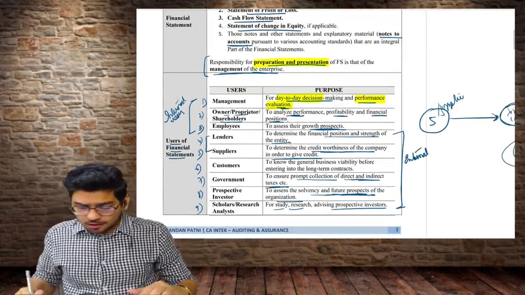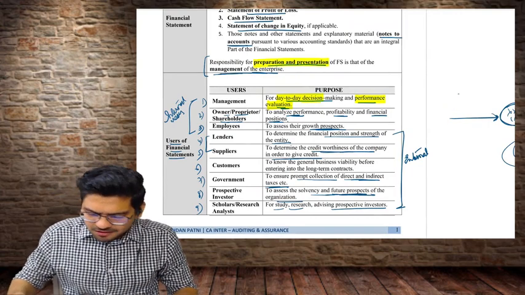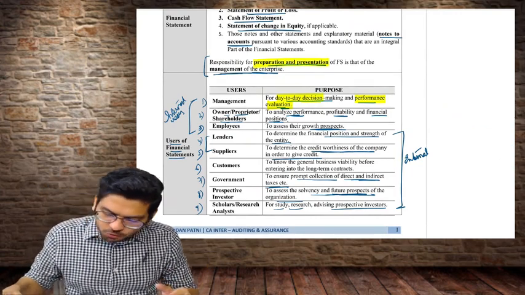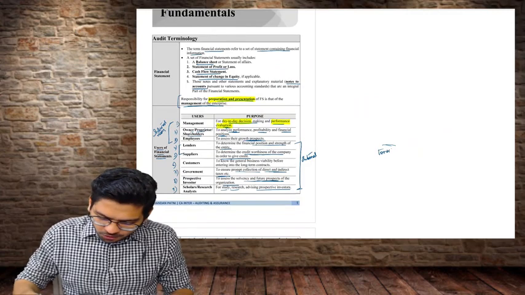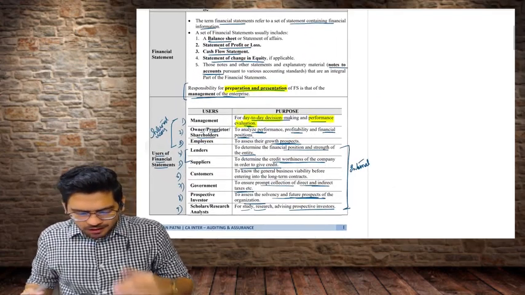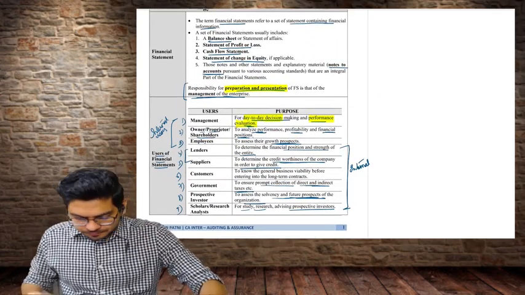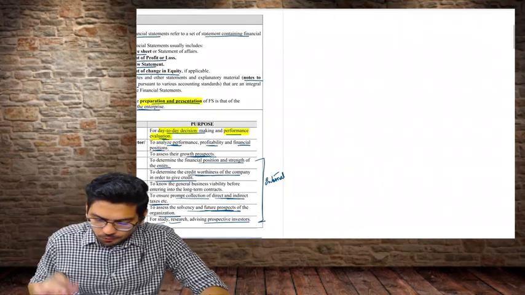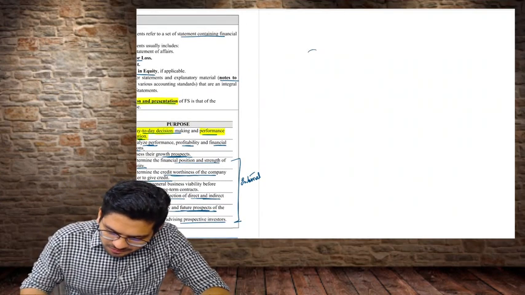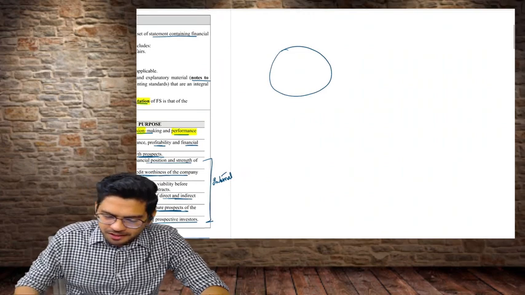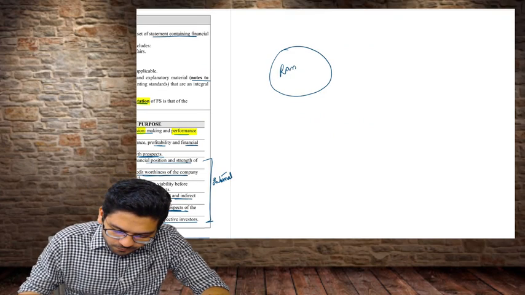Now, why I have discussed the users of the financial statement. Let me discuss one aspect with you. Let's say this is a person here, an individual. Let's say his name is Mr. Ram.